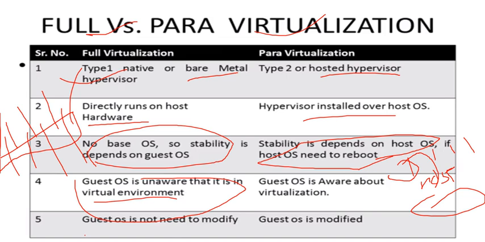And in full virtualization, the guest OS need not be modified. If we want any changes, we are running on separate hardware units, so we need not change the code of our guest OS. But in para virtualization, if we want any change in functionality, we definitely need to change the guest OS in such a way that it will be compatible with the host operating system.